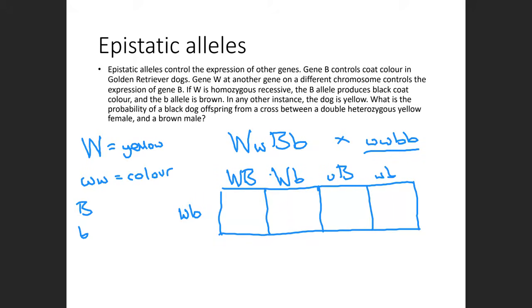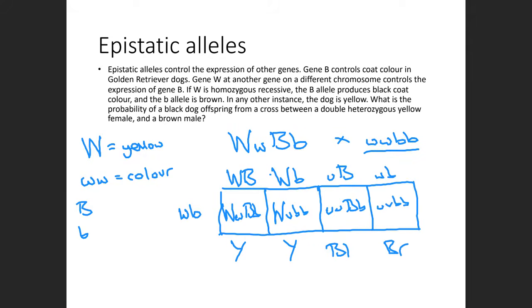So when you fill in the big W, big B, big W, this is going to be yellow because it's got a big W allele. This is also going to be yellow because it also has a big W allele. But this one is black. And this one is brown.